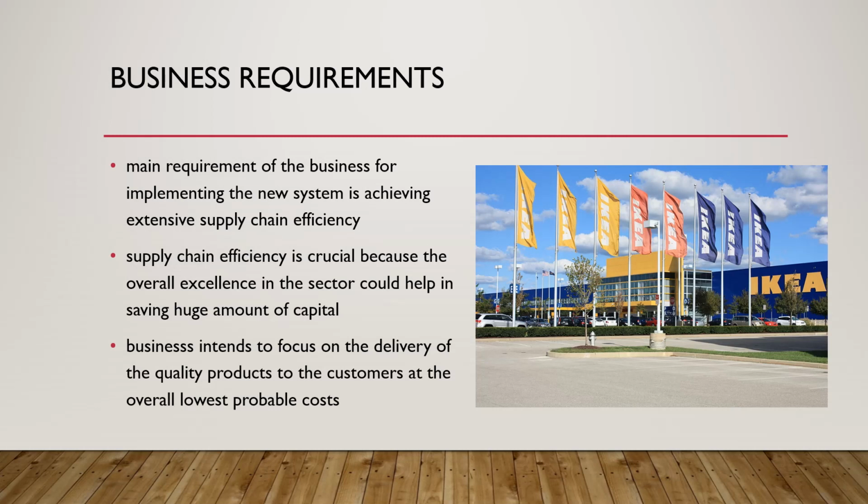Supply chain efficiency is crucial because overall excellence in the sector could help in saving a huge amount of capital for IKEA through effective prediction of products for the customers.